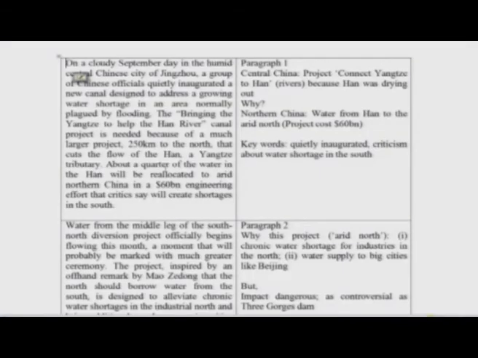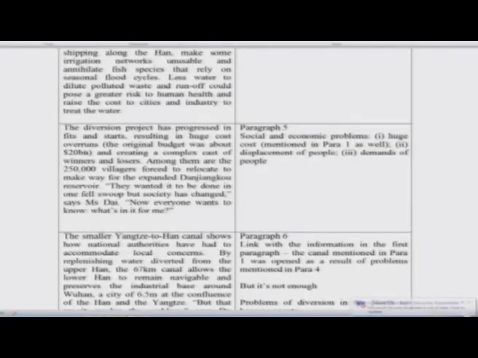Recall from the first paragraph, the budget is, as you can see, $60 billion now, but the initial estimation was just $20 billion, has increased by 3 times. So, that is one problem. Then there is displacement of people, and then people are demanding things also. So, several socio-economic problems, unexpected problems are also cropping up.